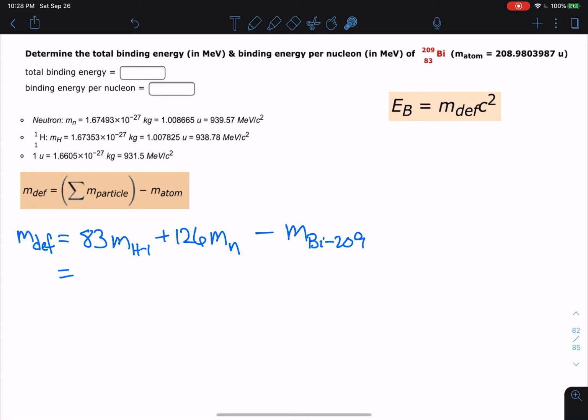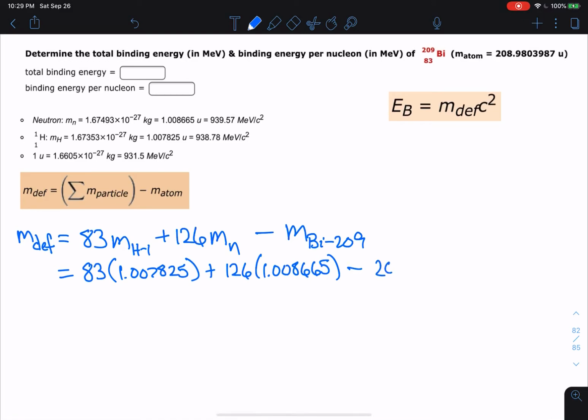So 83 times the mass of hydrogen 1 in atomic mass units, which is 1.007825, plus 126 times the mass of the neutron, which is 1.008665, minus the mass of bismuth, which is 208.9803987.